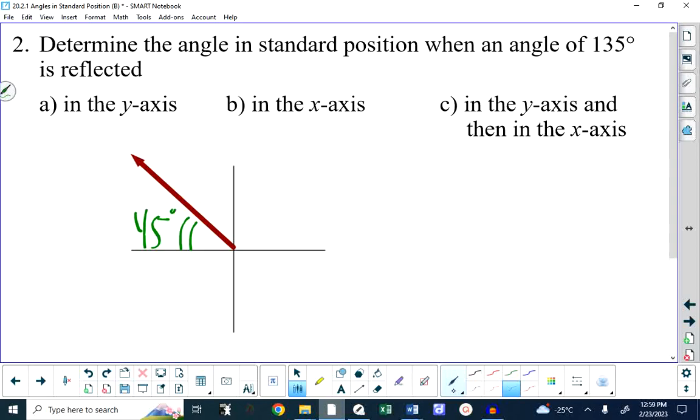If I reflect it in the y-axis, then it's going to end up in quadrant 1 because it's going to go across the y-axis. If I reflect it in the x-axis, it's going to be in quadrant 3. And if I reflect it in the y-axis and then the x-axis, well, if I reflect it in the y-axis it goes to quadrant 1, then after I reflect it in the x-axis, it will go into quadrant 4.